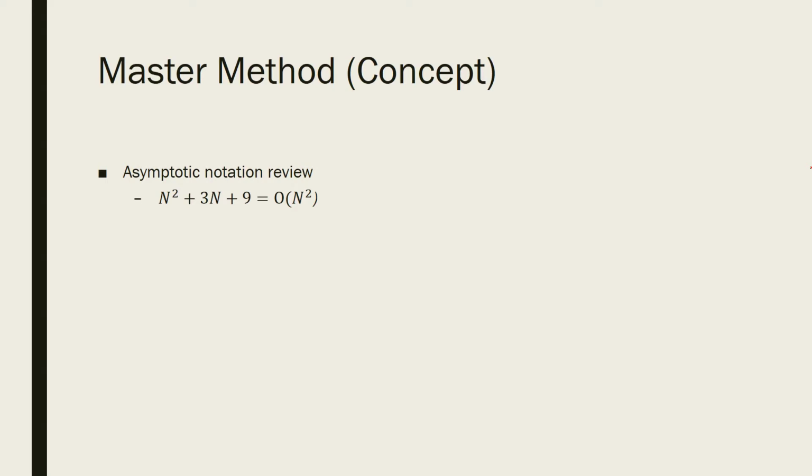So the high-level concept of the master method is that we need to take a quick view of asymptotic notation. Asymptotic notation says if we have an algorithm that runs at, say, n squared plus 3n plus 9 runtime, where n is the size of the input, we want to simplify the form of this and see, for a sufficiently large n, what is the actual runtime of the algorithm.